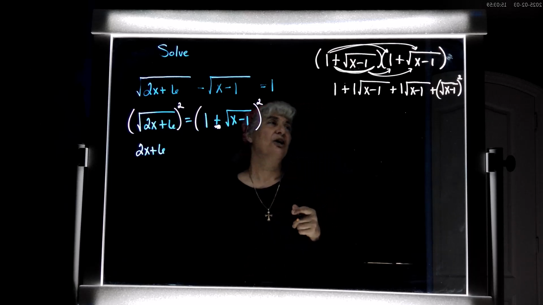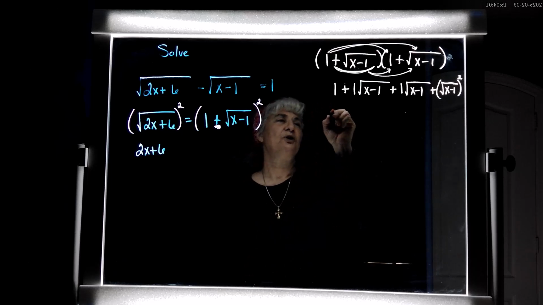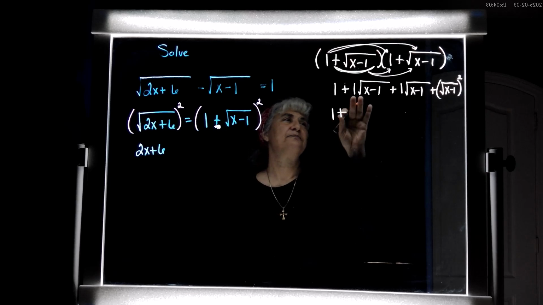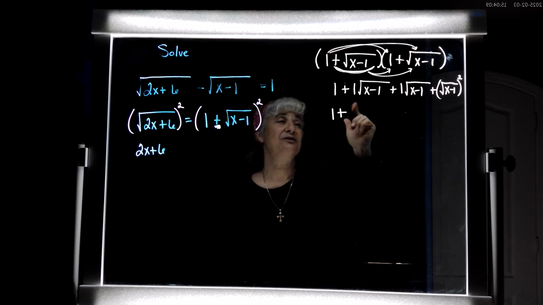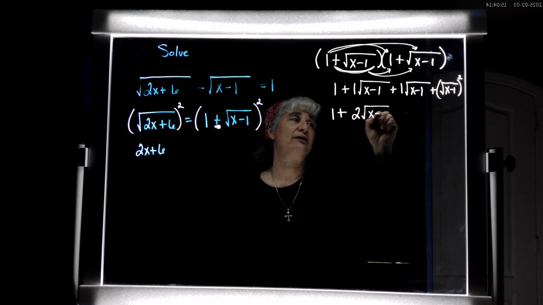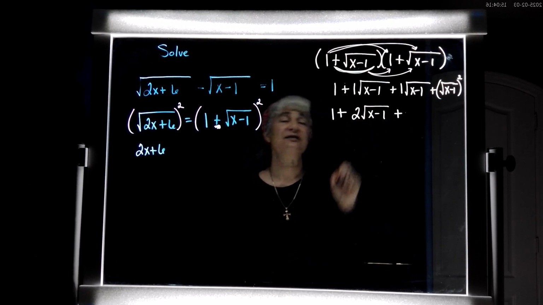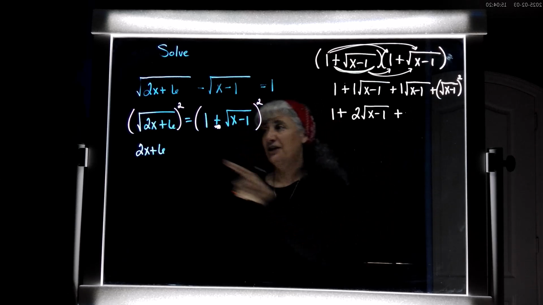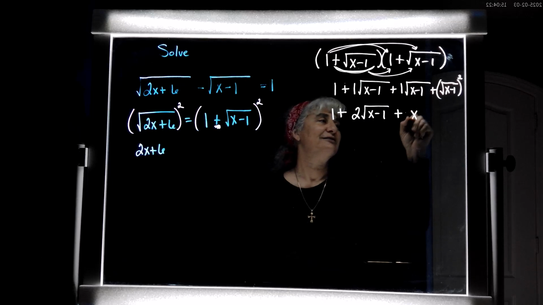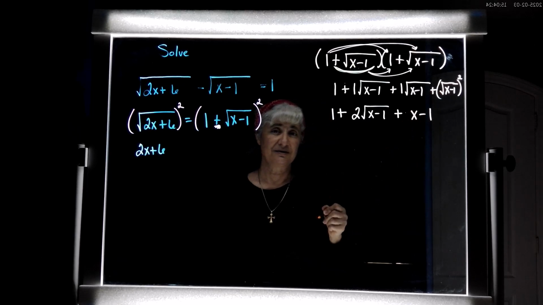Good? All right, let's see what we got. 1 plus, okay, so this is basically 1 times a radical plus 1 times the exact same radical. So we have 2 of the exact same radical plus, okay, what happens when you square a square root? Right, as we just saw over here. Good?